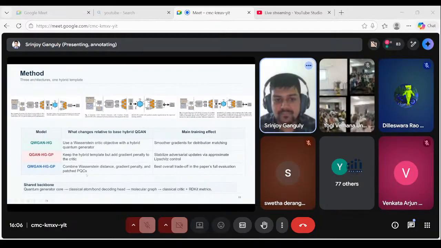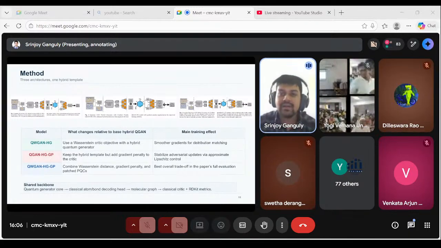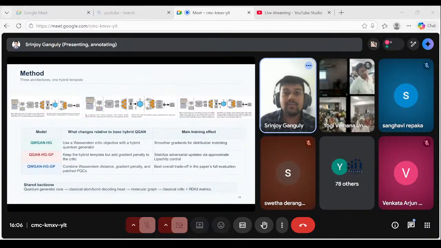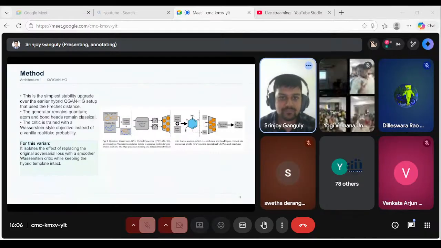And you can have Wasserstein and gradient penalty together. That's the best model that we have received in our work. So quantum generator, then classical atom and bond decoding, and then you get the molecular graph. Then you convert that into a classical critic with the help of the discriminator, and then RDKit is the library which helps us measure the different chemistry metrics, as you're going to see.